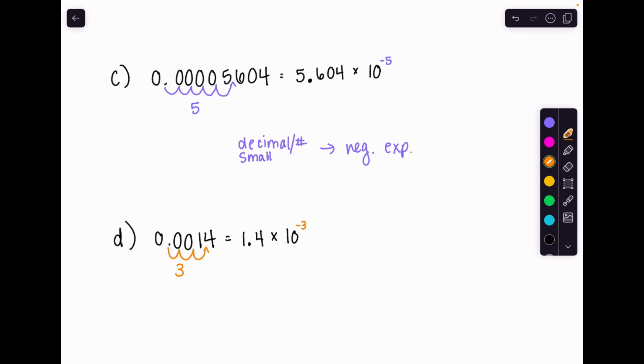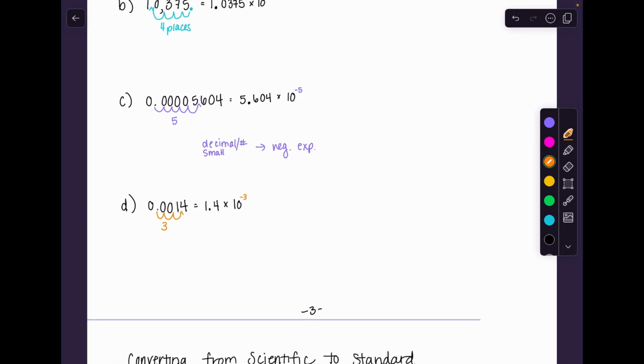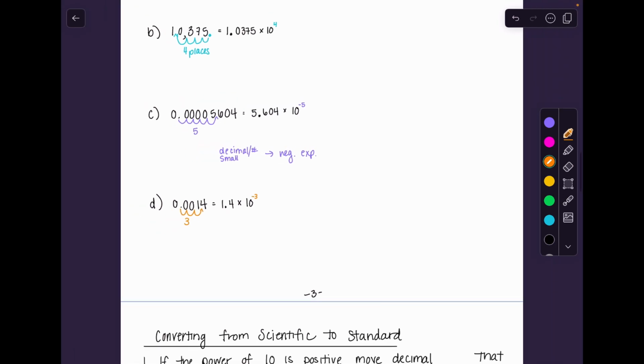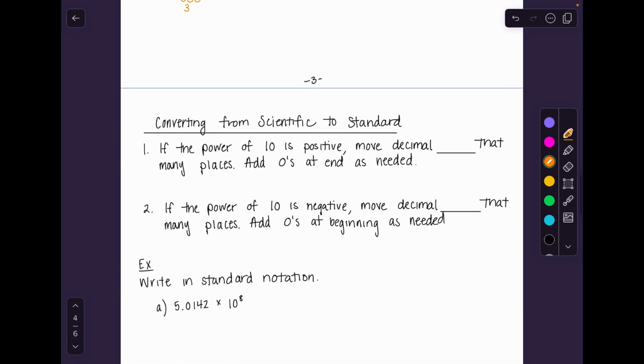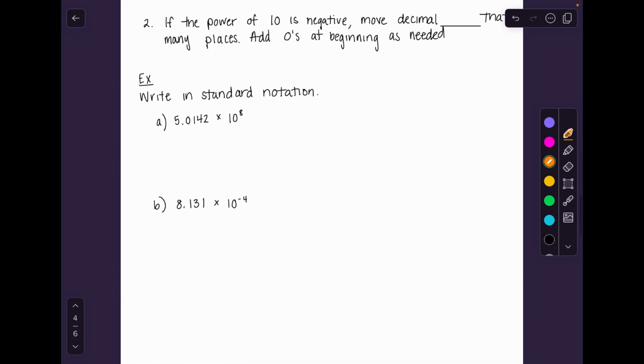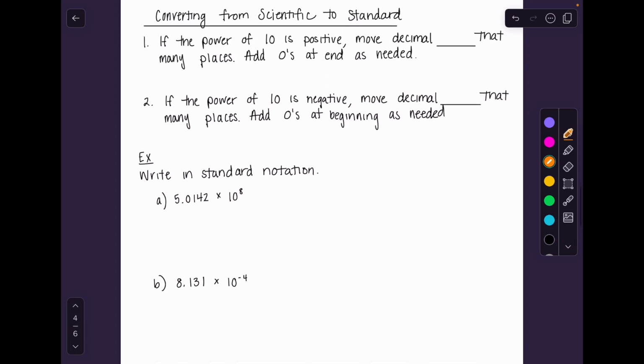Okay. So I like thinking of this approach a little bit better because it makes life a little easier when you're doing the opposite. Because now if I give you a number in scientific notation and want you to convert it, you really have to do the opposite direction, which is why I don't like remembering left and right.